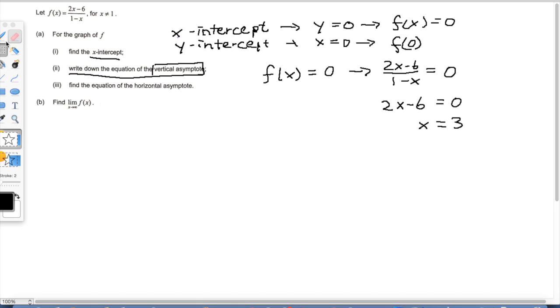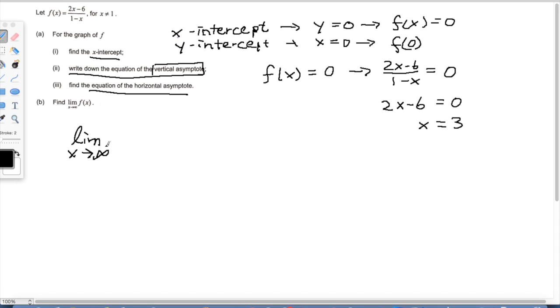So for part B, which is basically just part A, we can work it out for general rational functions. The way to deal with the limits of a rational function is that we divide both the denominator and the numerator by x.